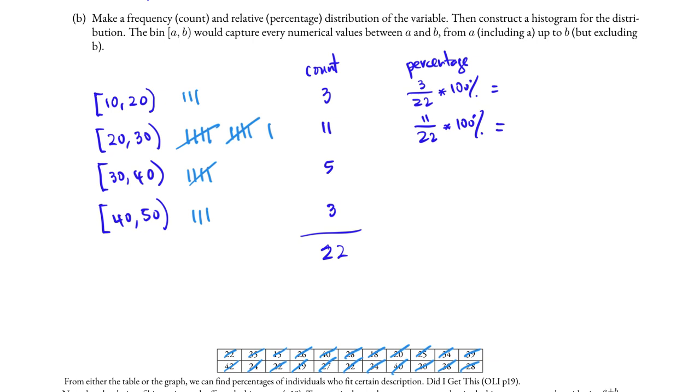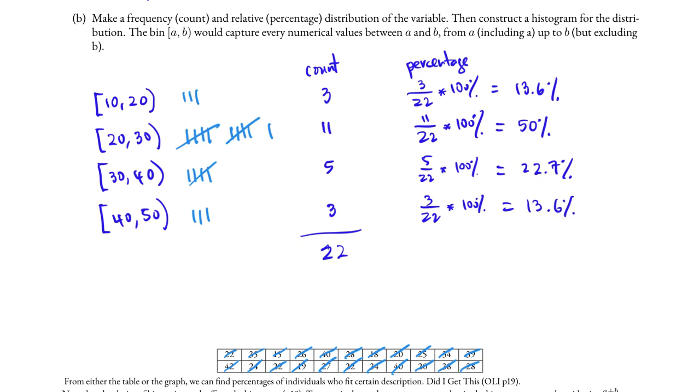We see that for the first bin, we have about 13.6%. For the second bin, we have 50%. For the third bin, we have about 22.7%. And for the last bin, we have 13.6%. Now, the total should add up to 100%.